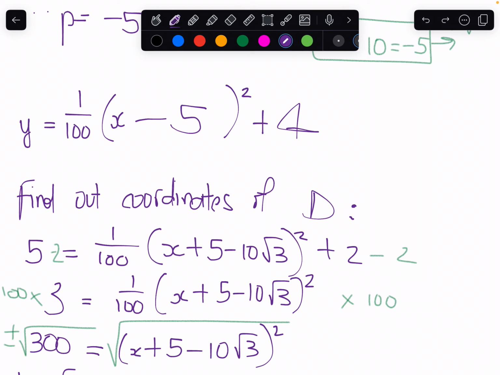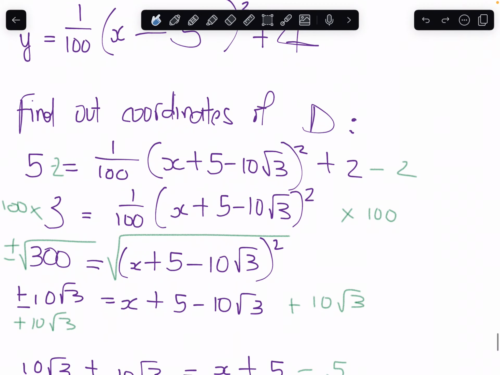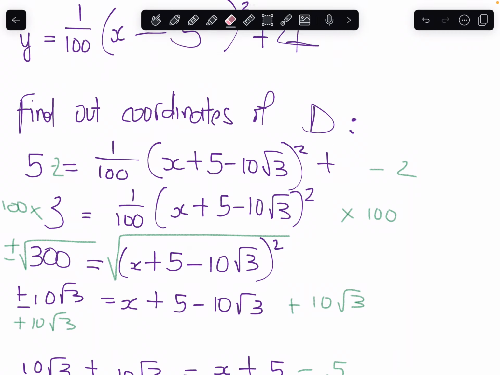Yes. But anyway, that doesn't really tell us anything about D, because the old D has moved on to a different place. It probably has a higher Y coordinate. So knowing that it's shifted by how many units to the right only really matters for the turning point, but for any other point, its Y coordinate has changed. I don't know if I'm making sense, and I'm too flustered to try and make any more sense. The point is, it's not a valuable point. So we move.